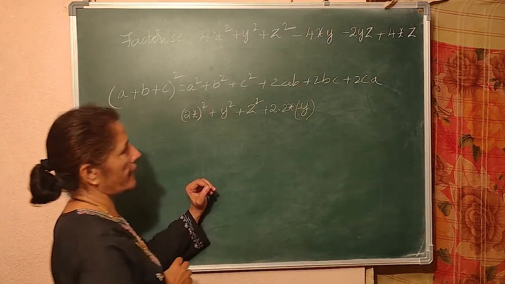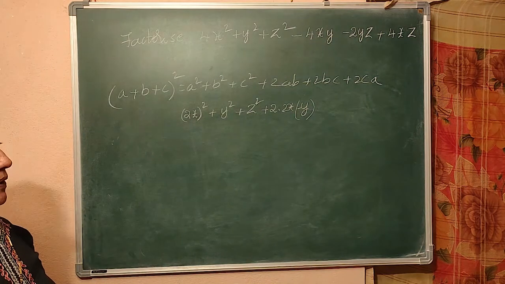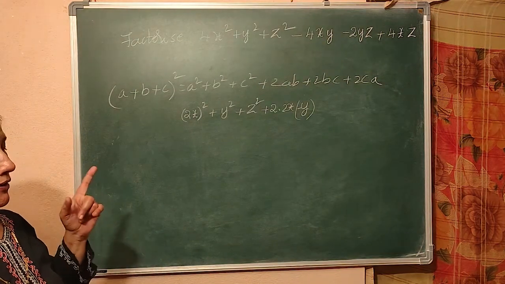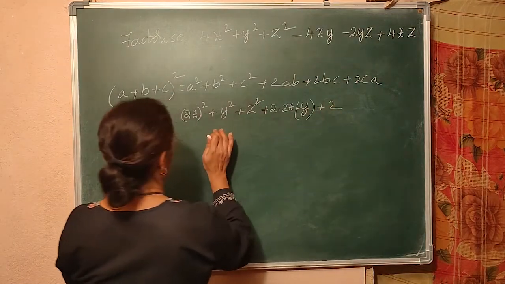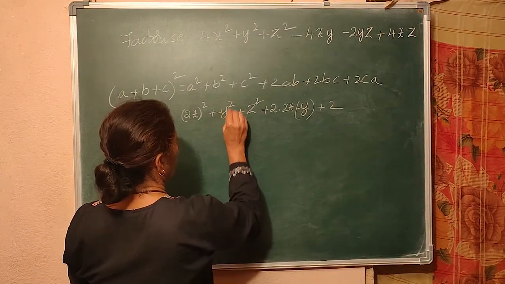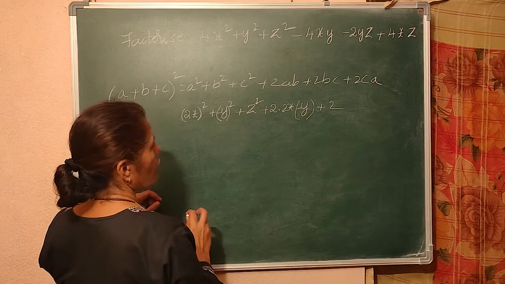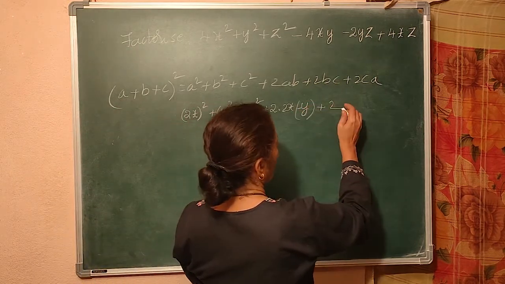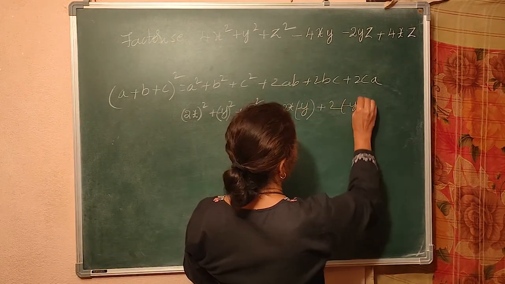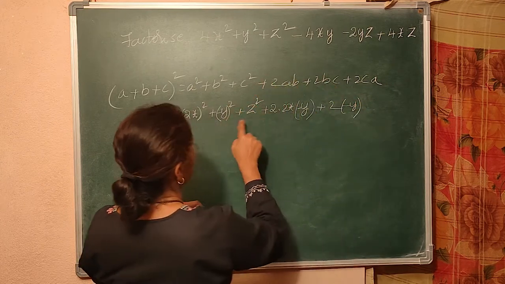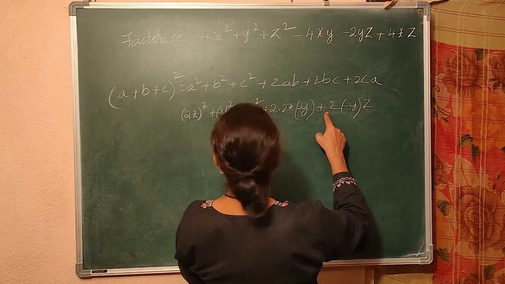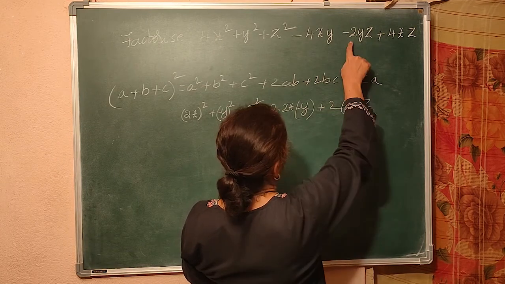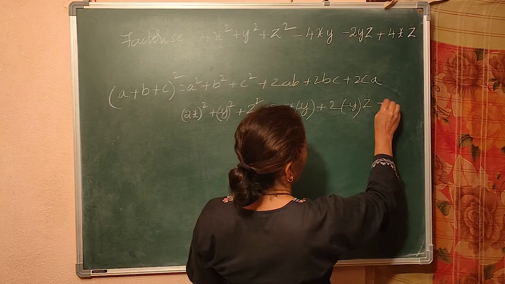So, what will happen? Minus 4xy. You remember y is minus. So, (2x minus y) the whole square, plus 2 into, in the place of b, minus y, in the place of c, z. So, minus 2yz. Are we getting correctly? Yes.